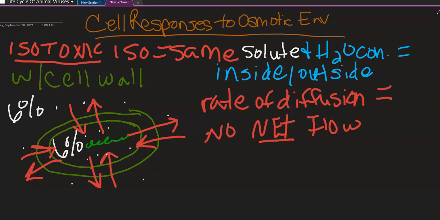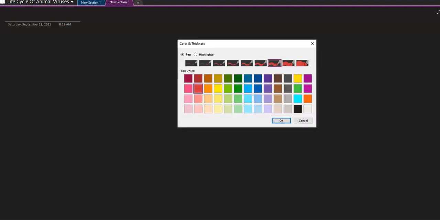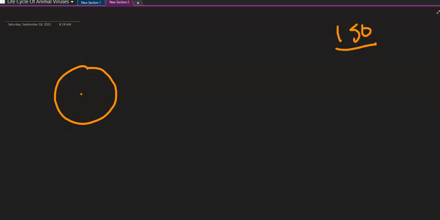All right. Okay, so let's go ahead and draw our other cell. Here's our other cell, and we're still on isotonic here. All right, here's our nucleus.